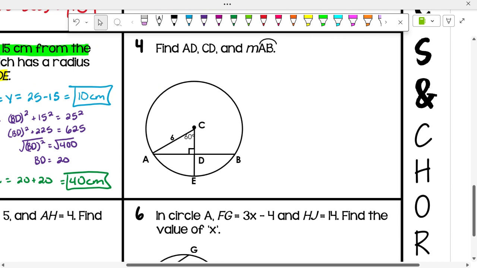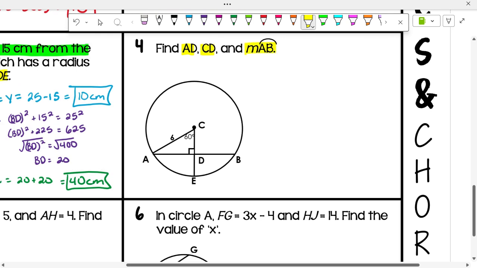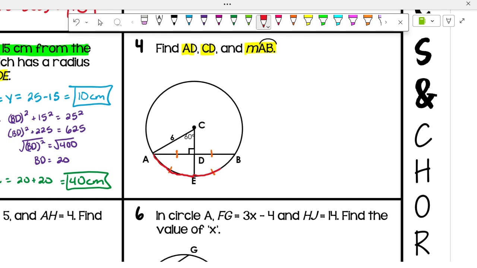So it wants to find the length of AD and CD and the measure of arc AB. So we got a radius CE. It's perpendicular to a chord, so that means these two pieces are congruent, as well as these arcs are congruent. So if we want to find arc AB, that'll probably be the easiest one to find. How can I do it? What'd they give me?